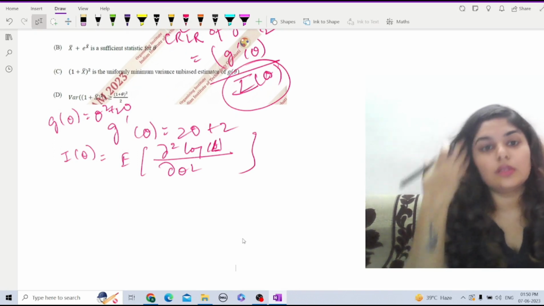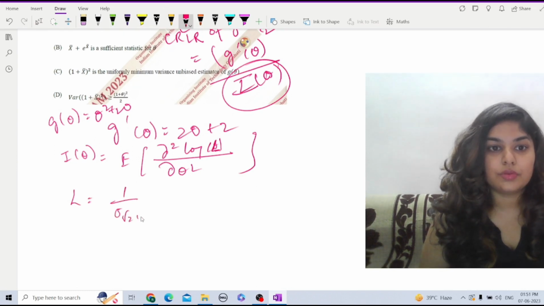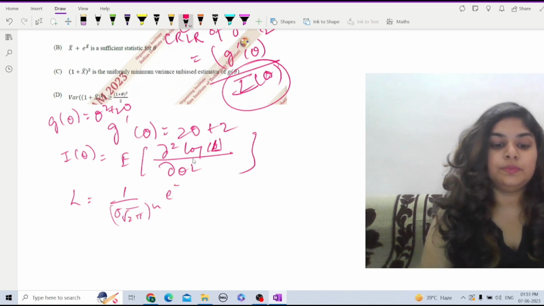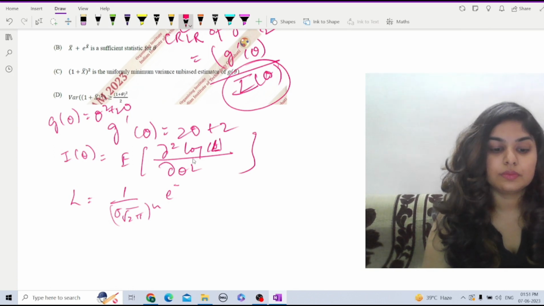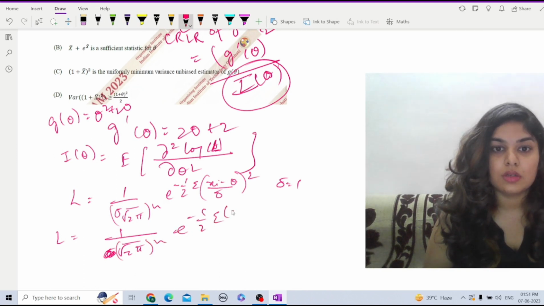In order to find I(theta), we first have to find log L. So L is equal to (1 by sigma root 2 pi) whole to the power n, e to the power minus half summation (xi minus theta by sigma) whole square. Now sigma is equal to 1, so L is equal to (1 by root 2 pi) to the power n, e to the power minus half summation (xi minus theta) whole square, correct?